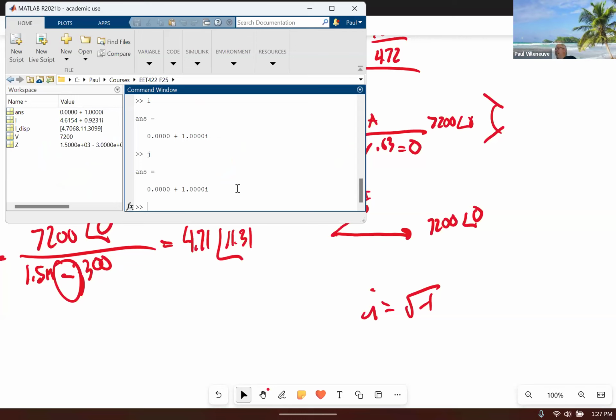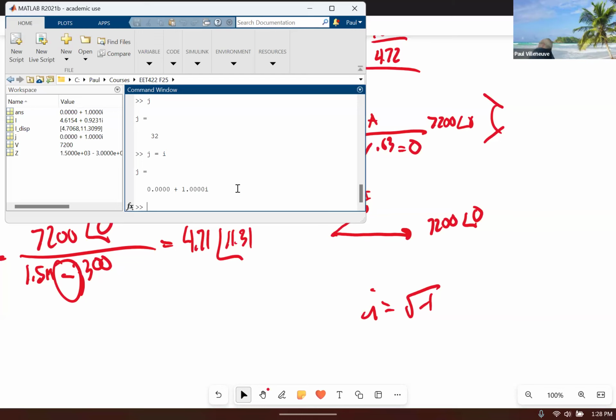I didn't define them. I could say that J is equal to 32, and now when I type in J, the complex number is gone. I don't want to do that to both, because if I set I equal to 32, it would screw up all my results. So I have to be careful about reassigning my complex number.